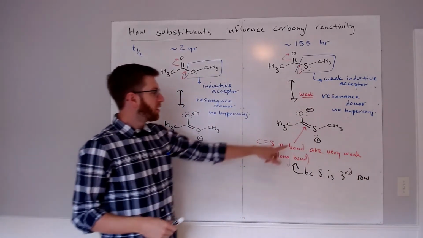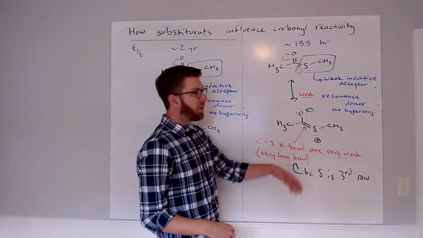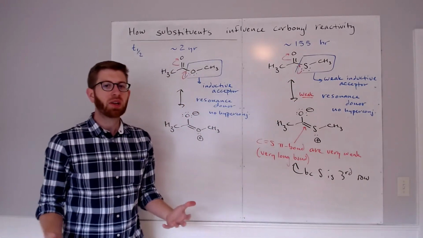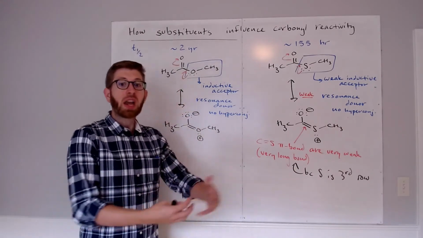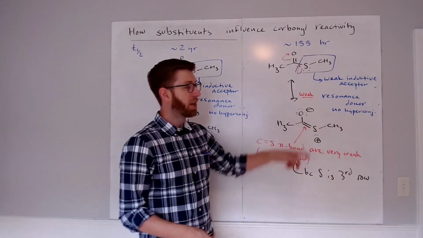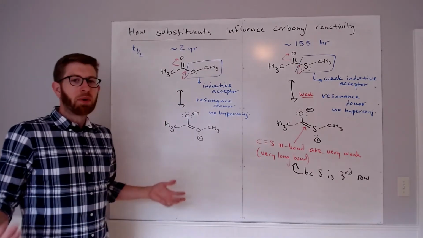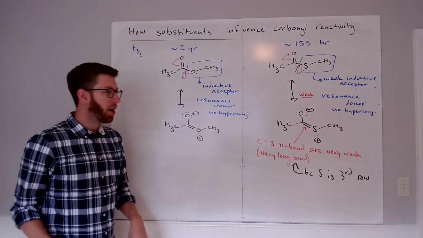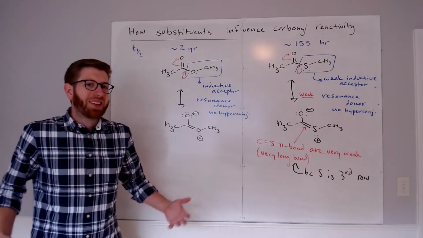So we have this larger atom, sulfur, third row, and that means that even though it has the lone pair to donate, it doesn't do a very good job of it because essentially the way in which it would try to donate, making this sulfur-carbon pi bond, well, it's not impossible, but it doesn't work very well. And that makes sulfur like, well, I'd like to donate, but I kind of can't.